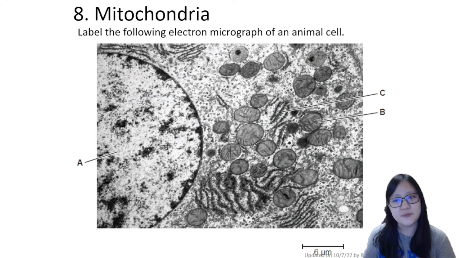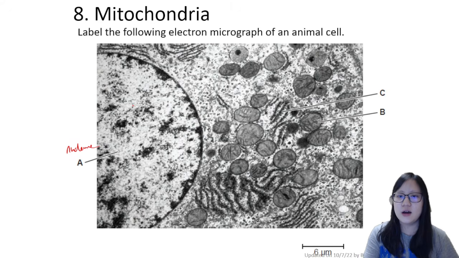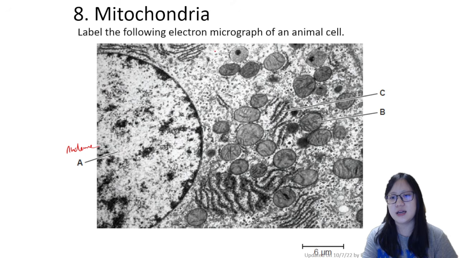What is A? What's B? What is C? Now A is the biggest organelle, which is the nucleus. This is a very zoomed-in diagram. We know the nucleus because we see these chromatin-like structures hanging about, and it's really big. It's not another cell. This is inside a cell.